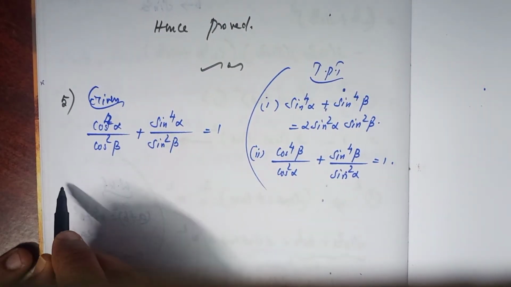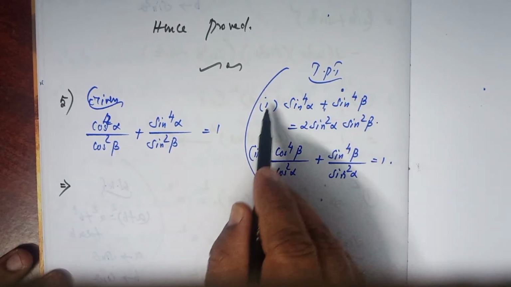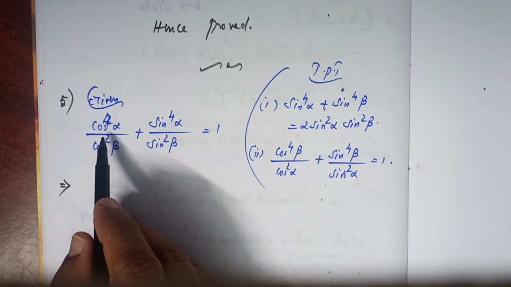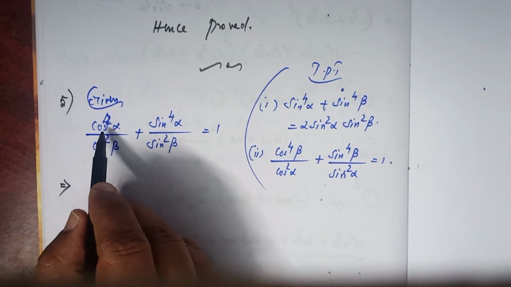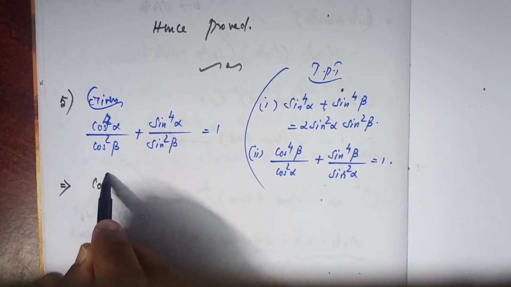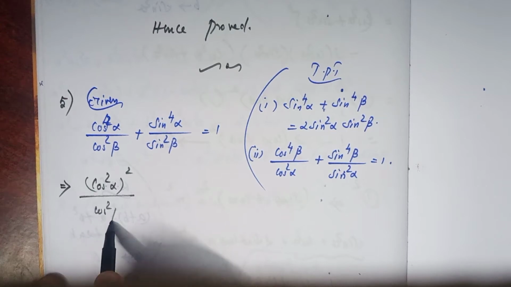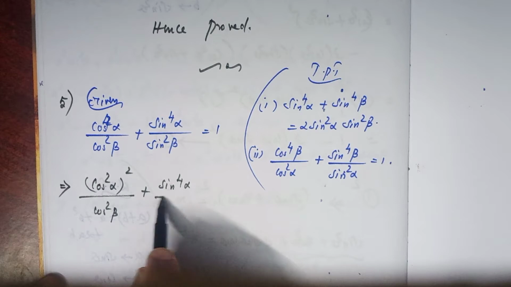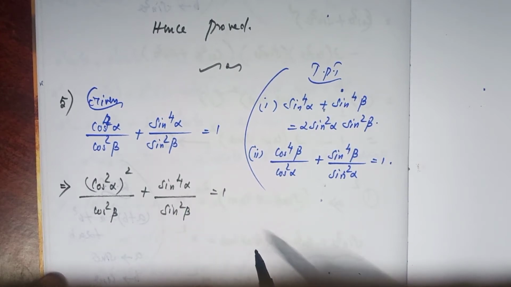Given condition, here it is, which implies the first subdivision all in terms of sin only, no cos at all. So, I am going to replace cos in terms of sin. So first we write cos power 4 alpha, that is cos squared alpha the whole square divided by cos squared beta plus sin power 4 alpha divided by sin squared beta, that is equal to 1.